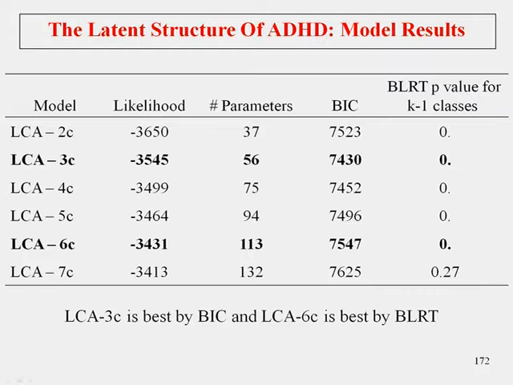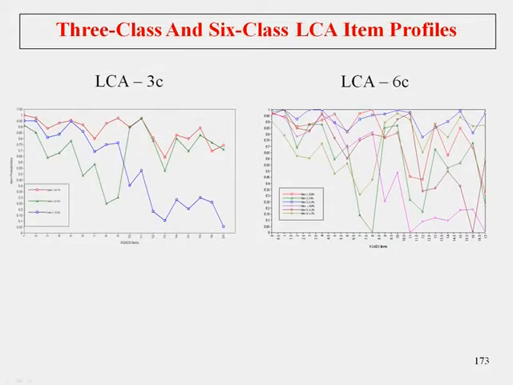So we took a look at the plots. If we take a look at the three-class solution, we see we have one class up here that seems to be high on all the items. And then we have a class that's high on the inattentiveness items, but is low on the hyperactivity.